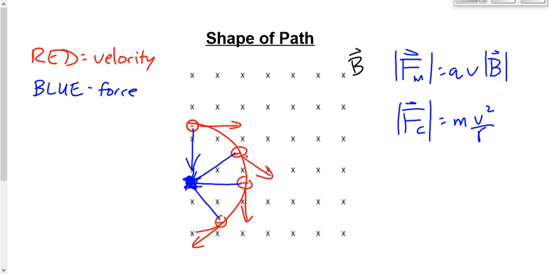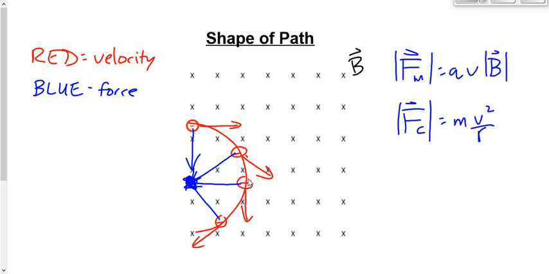FC stands for centripetal force, the force that acts toward the center of a circle. Remember we said in physics 20, the centripetal force is always caused by something else? The Earth goes around the sun, the centripetal force is caused by gravity. The electron goes around the nucleus, it's caused by the electric force.